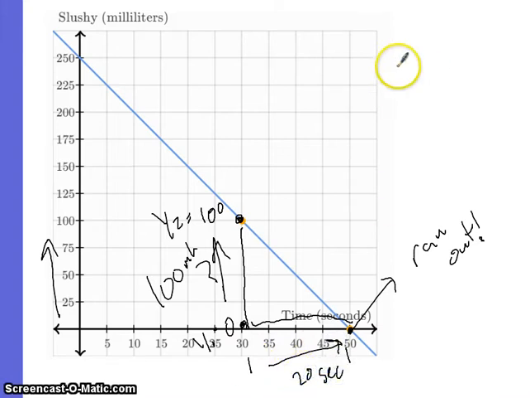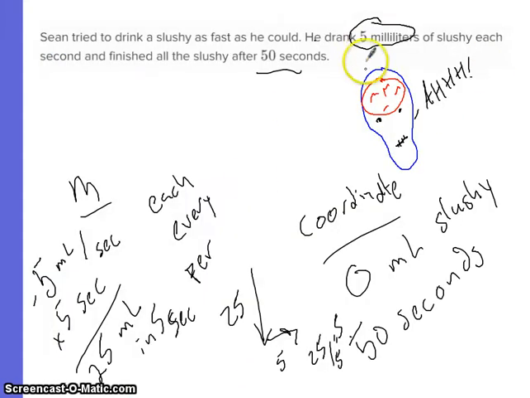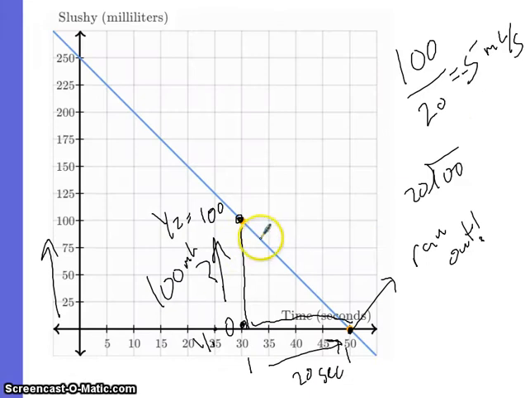Okay, and then let's check that. 100 milliliters in 20 seconds was 100 divided by 20, is 5. And did I want 5 milliliters per second? Yes, I did want 5 milliliters every second. Okay, so this again is a good slope triangle because it goes down 100 and sideways 20.